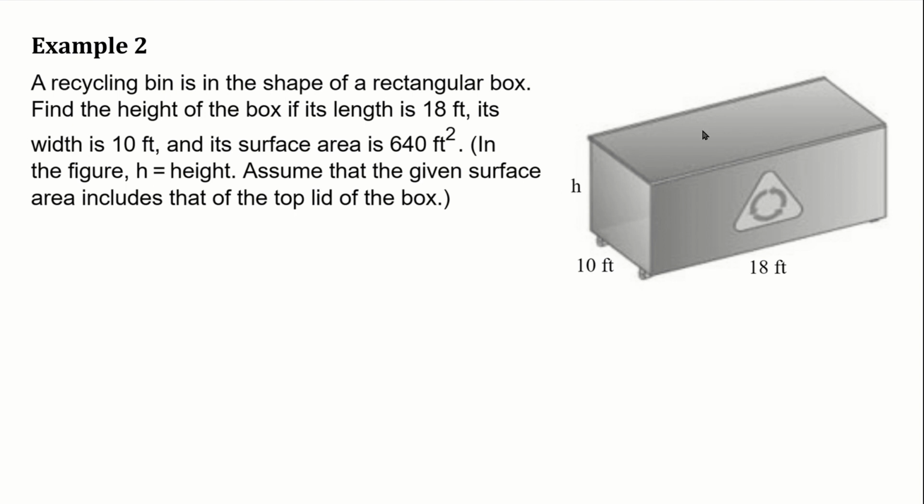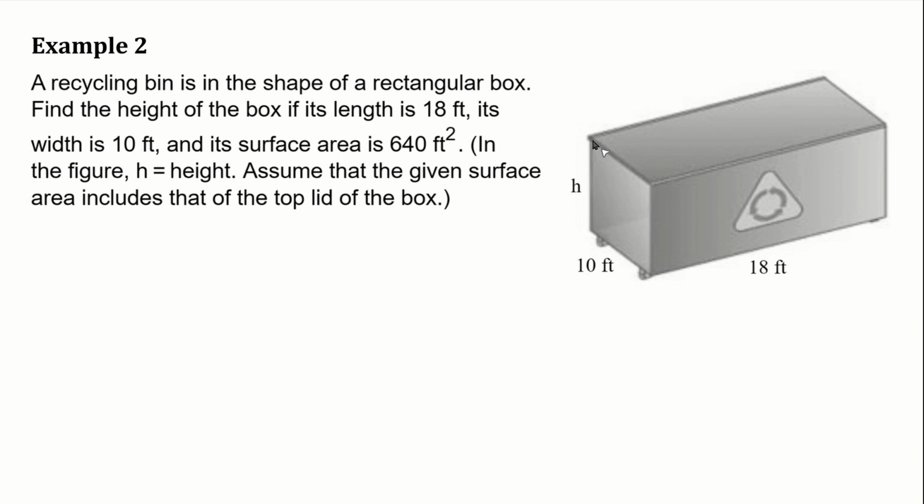We do know the surface area, which is the area of all the sides added together, the total surface area, and that surface area is 640 square feet. Assume that the given surface area includes that of the top lid of the box as well.